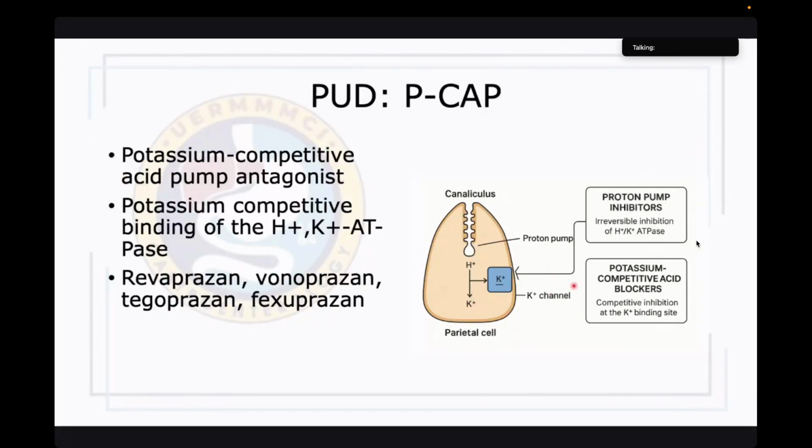So no exchange happens and no hydrochloric acid is released. The PCAPs available now in the Philippines are vonoprazan, tegoprazan, and fexuprazan. So far, some studies have shown better acid suppression than PPIs, and it has also been approved in the treatment of H. pylori. But this is still a very new drug, so we have to wait for more studies.